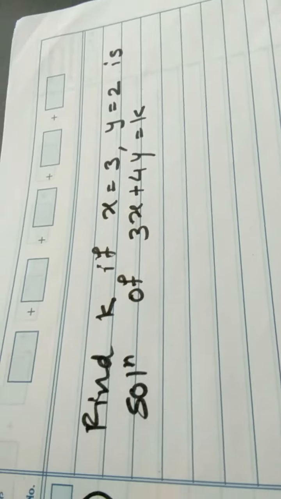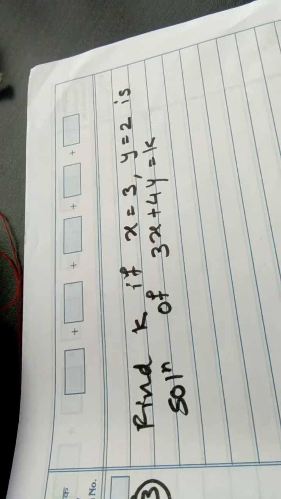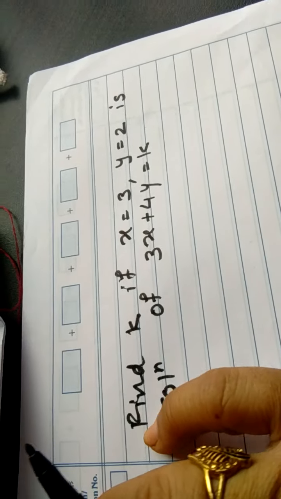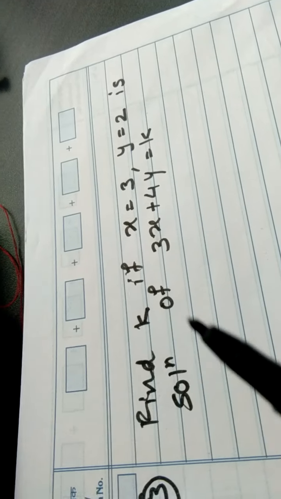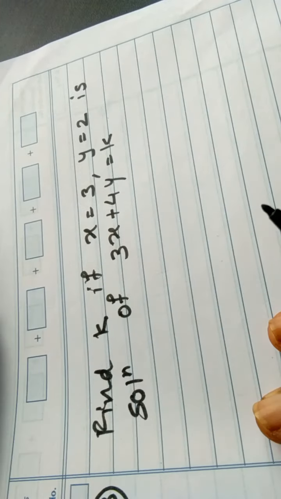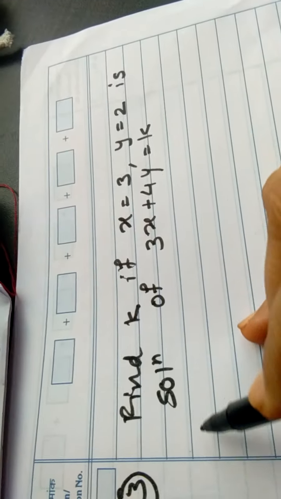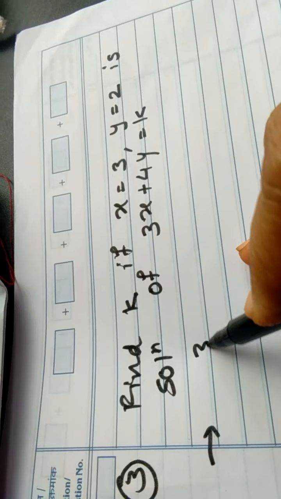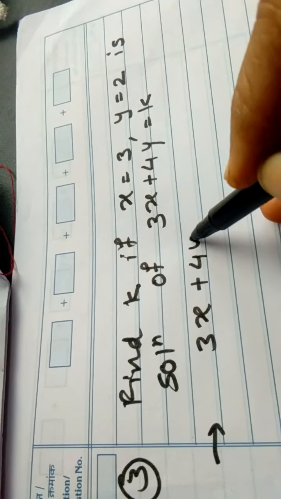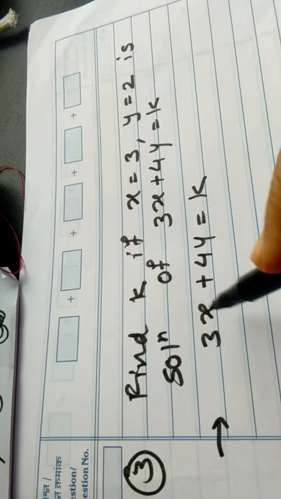Just like the first example, it is also simple. We have to find the value of k. And the value of x is 3, value of y is equal to 2. Very simple example. 3x plus 4y is equal to k.